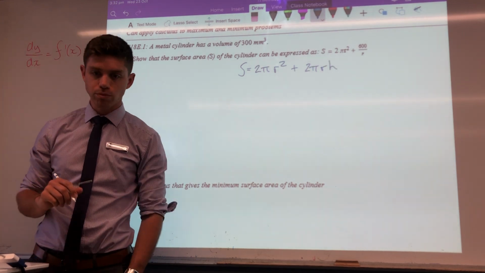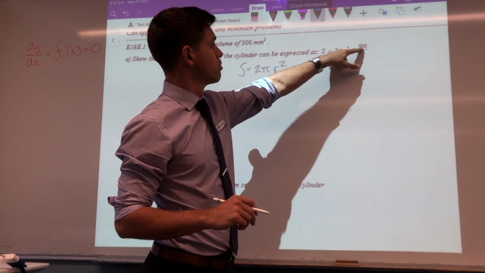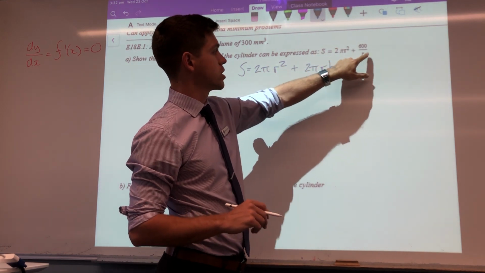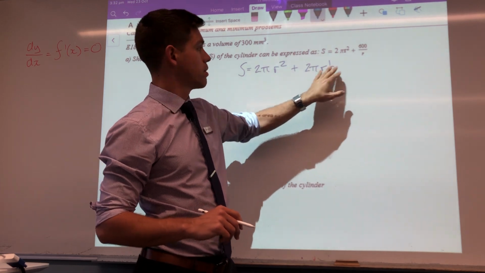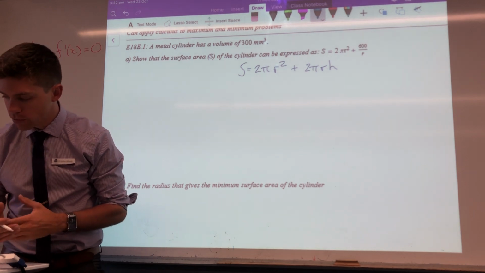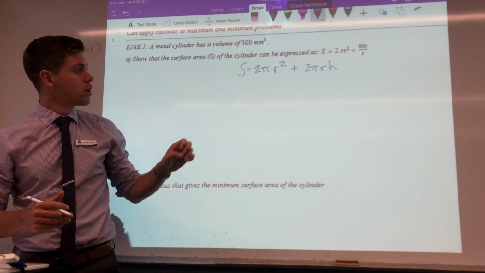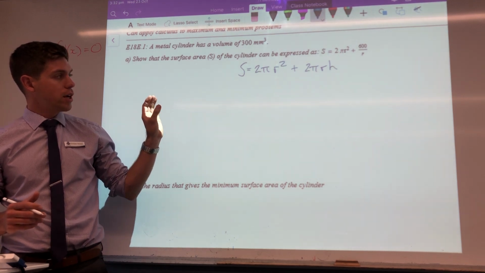Alright, now as we can see, we're trying to show this equation here, which doesn't have this term, there's no h variable in this term at all. So let's use what we know about the volume to eliminate that h variable. In other words, we're going to use the volume to come up with an equation.